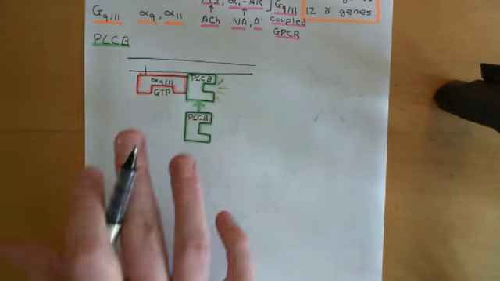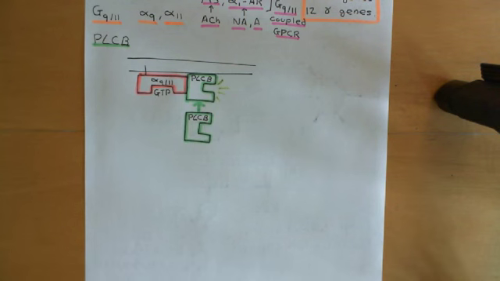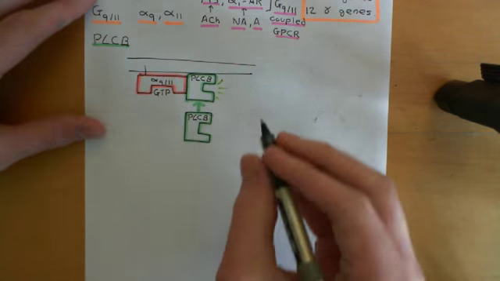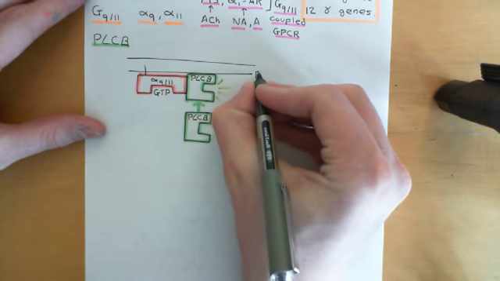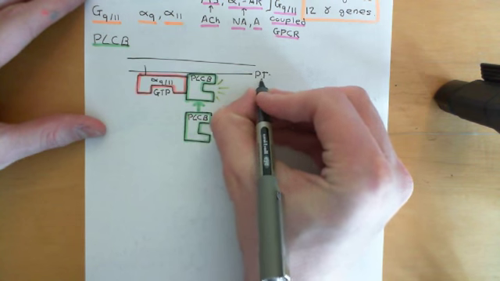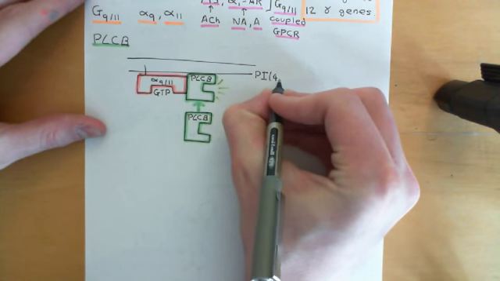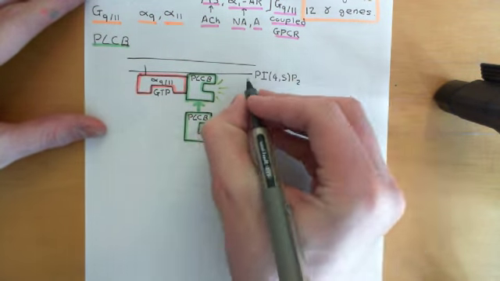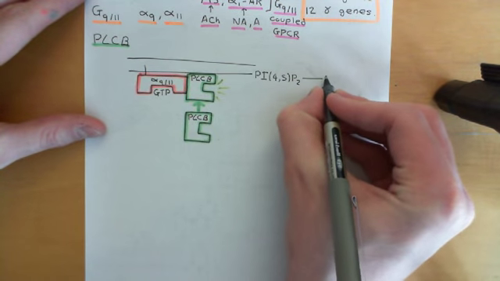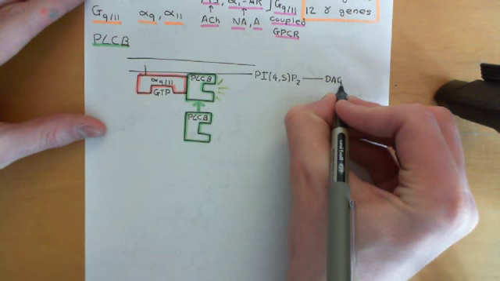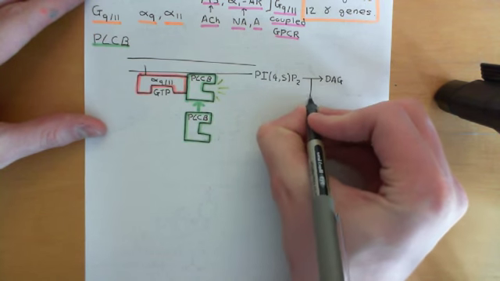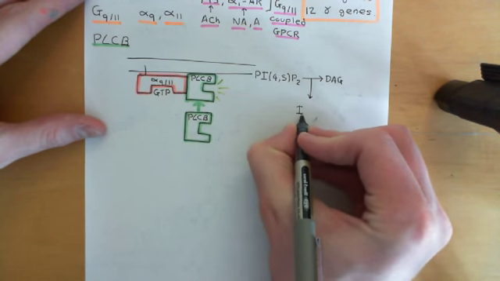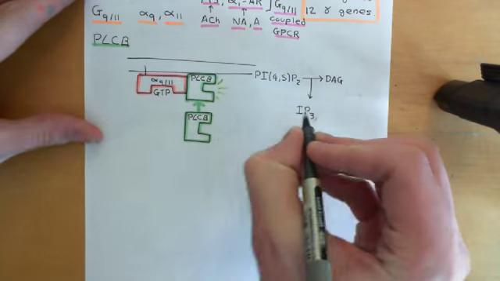It's now been activated by the alpha Q/11 subunit with GTP binding to it, and now it's going to start breaking down PI45P2 into diacylglycerol and IP3. So let me show this. So here is PI45P2, and what's now going to happen is it's going to be broken down into diacylglycerol and IP3, which will drop into the cytoplasm.